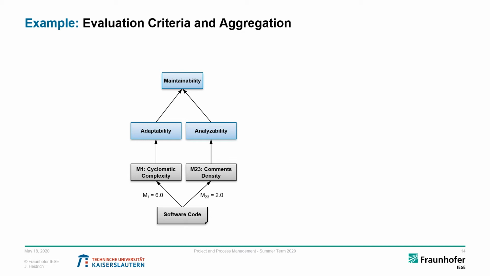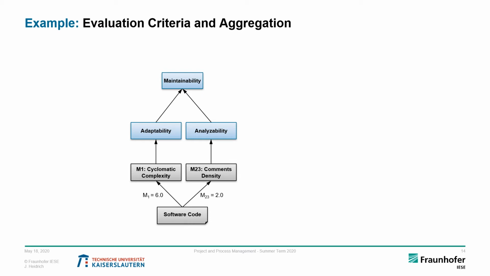Comments density here in the sense that for each line of code, we find 2 commented lines of code. I know it depends on how you define comments density. You can define a percentage value, or you can define how many commented lines of code you have for every uncommented or every source line of code.